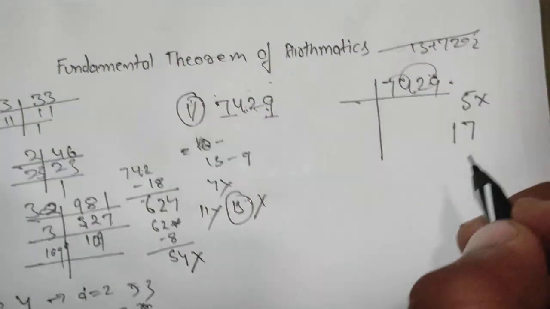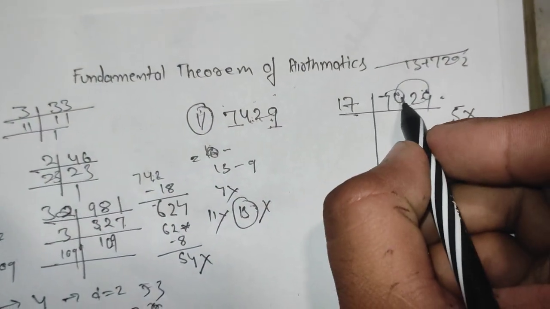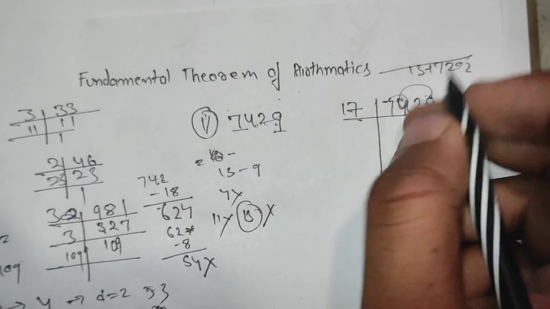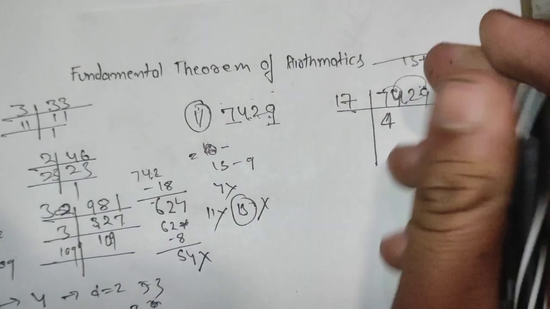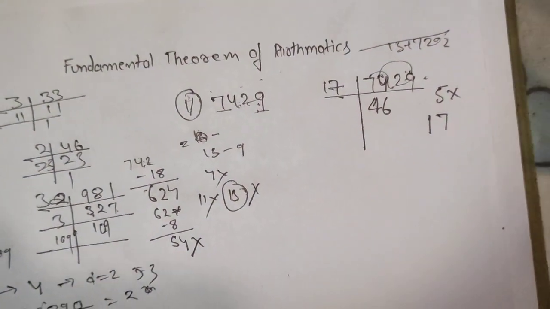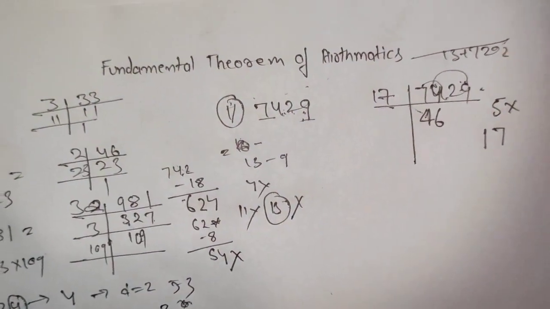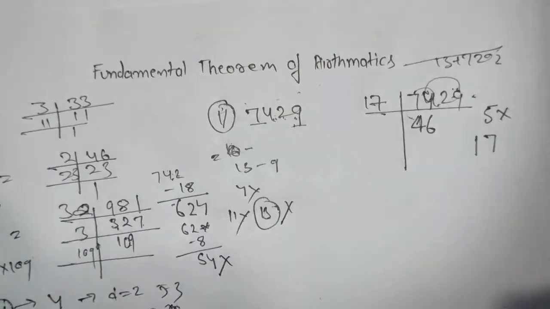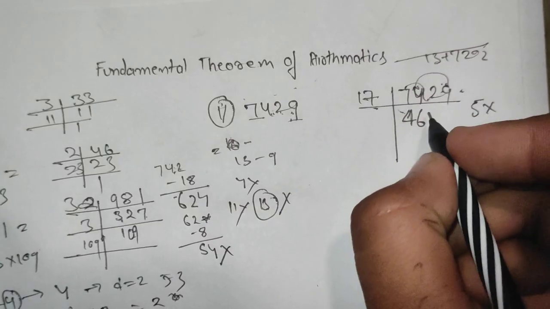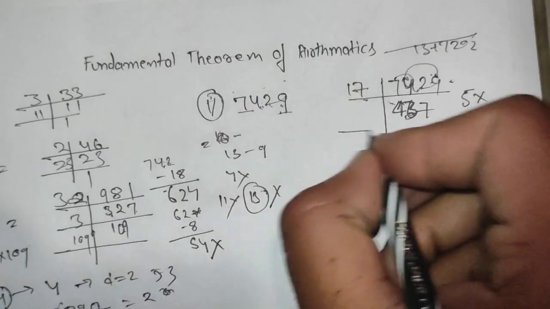Now for 17, let's check for 17. Sorry, my mistake. So 17 4s are 68, remaining 6, 2, 17 3s are 51, and 119, like 17 7s are 119.